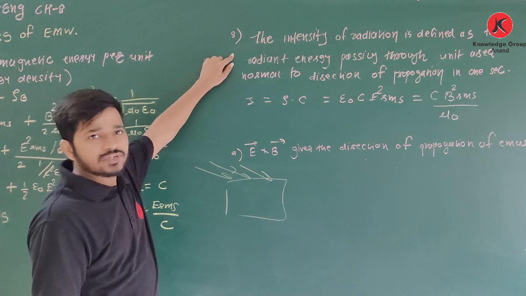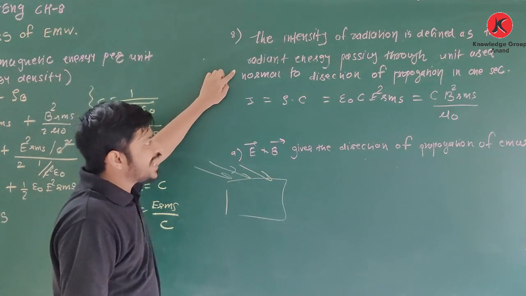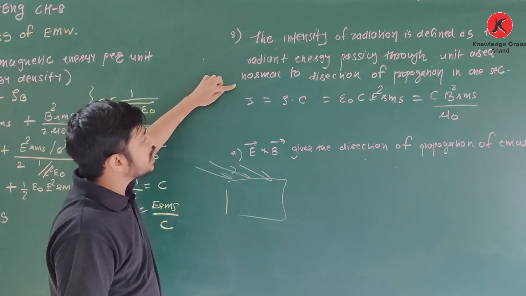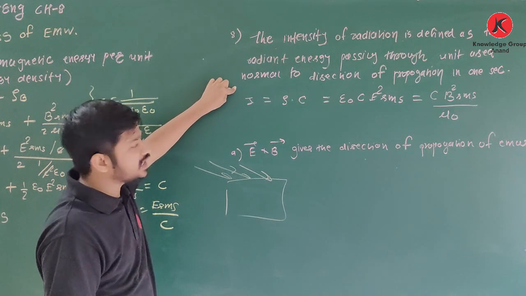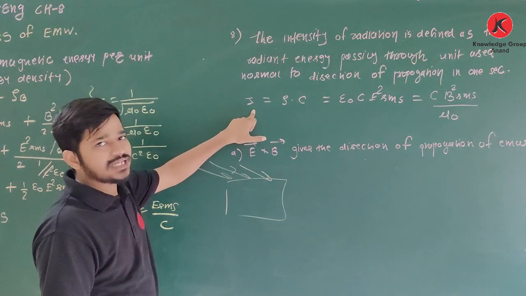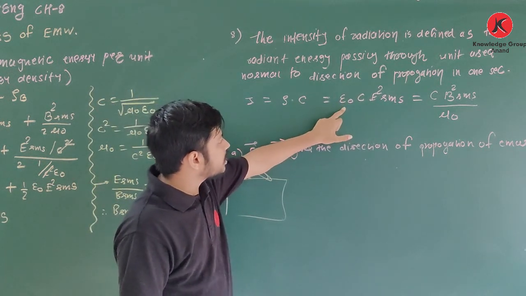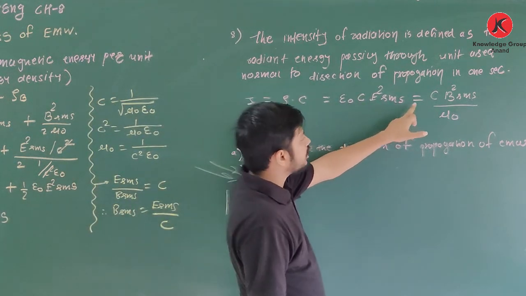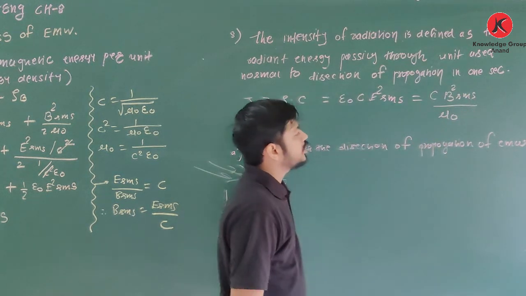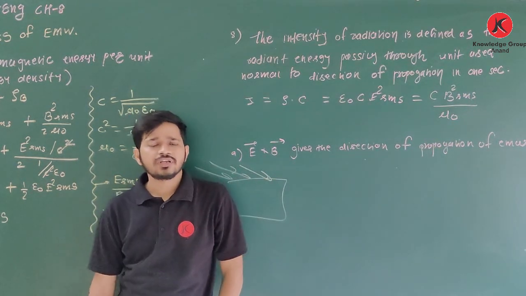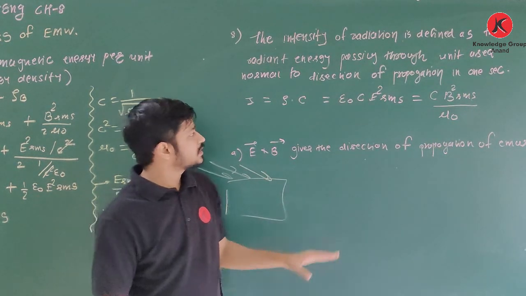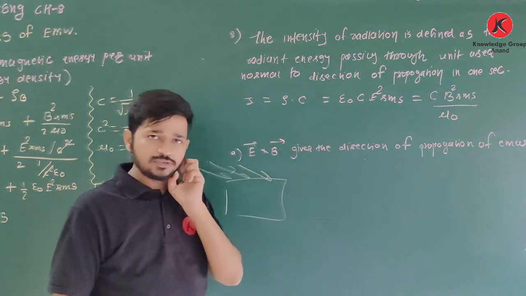So the intensity of radiation is defined as the radiant energy passing through unit area normal to the direction of propagation in 1 second, and it is I is equal to rho c. Its equation is epsilon 0 c E square RMS, or it is c B square RMS upon mu 0. Clear about this? So this is another equation, of intensity, that you have to remember.